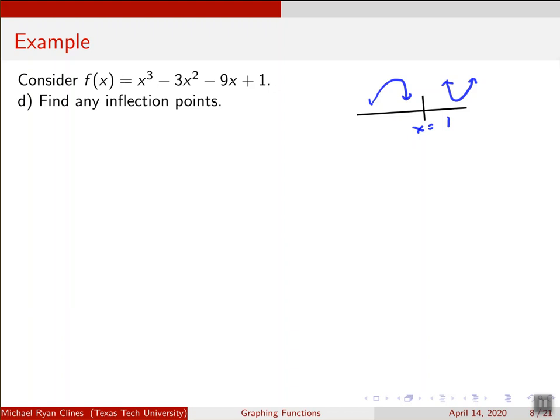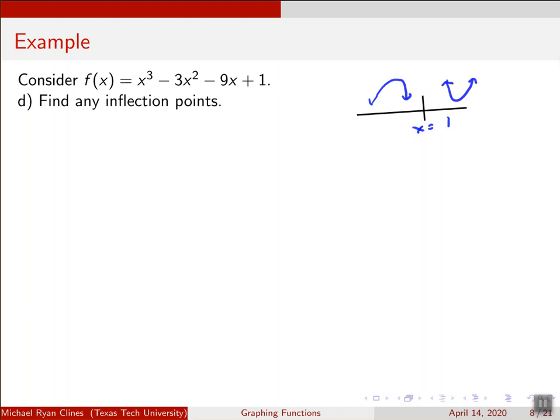An inflection point is where a function changes concavity and where the function exists. So the function exists at x is equal to 1. This is a polynomial. Of course it exists at x is equal to 1. And now we need to determine, does it change concavity at this point? So here it's going down. Here it's going up. I would say that changes concavity.